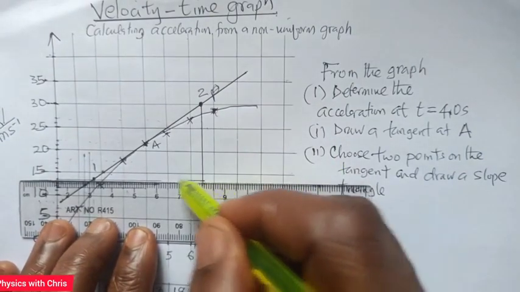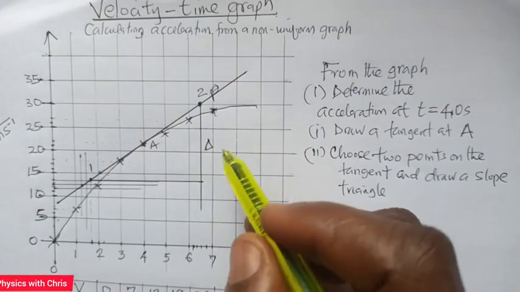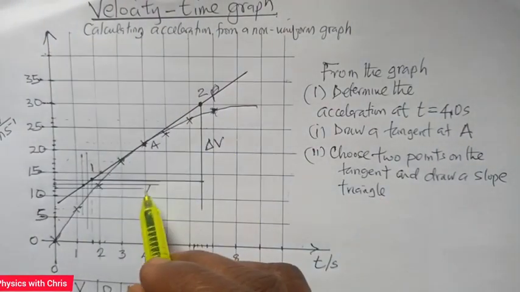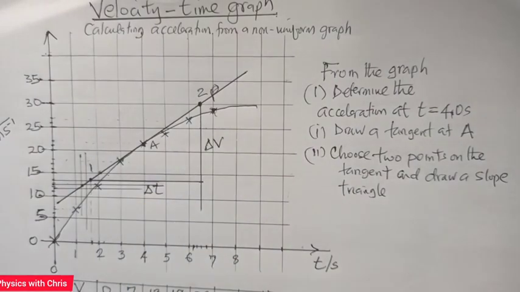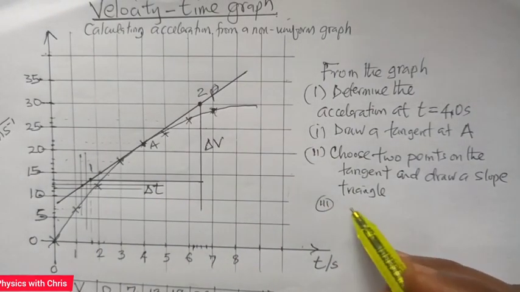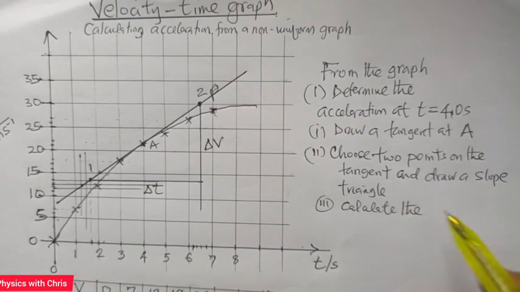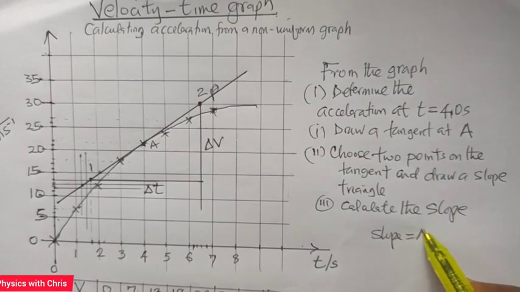What I'm drawing here is my slope triangle. Then I get this as my change in V, then evaluate my change in T. Step 3 says draw the slope triangle and then calculate the slope using the slope triangle, so that my slope is change in V over change in T.